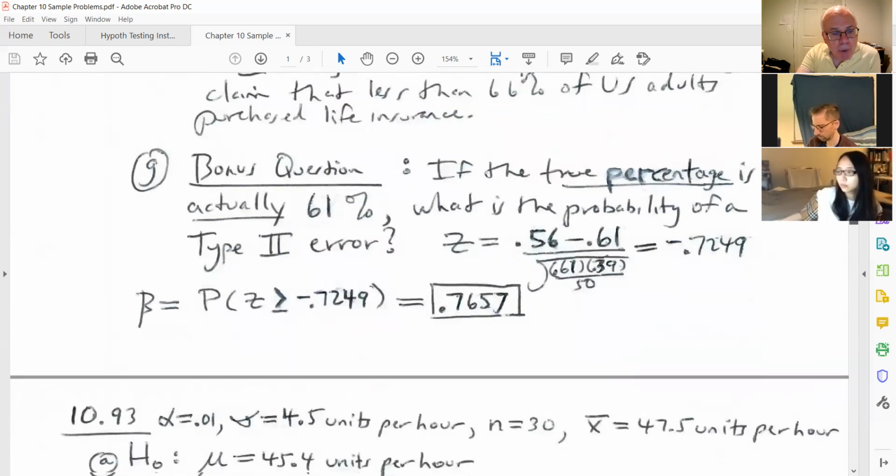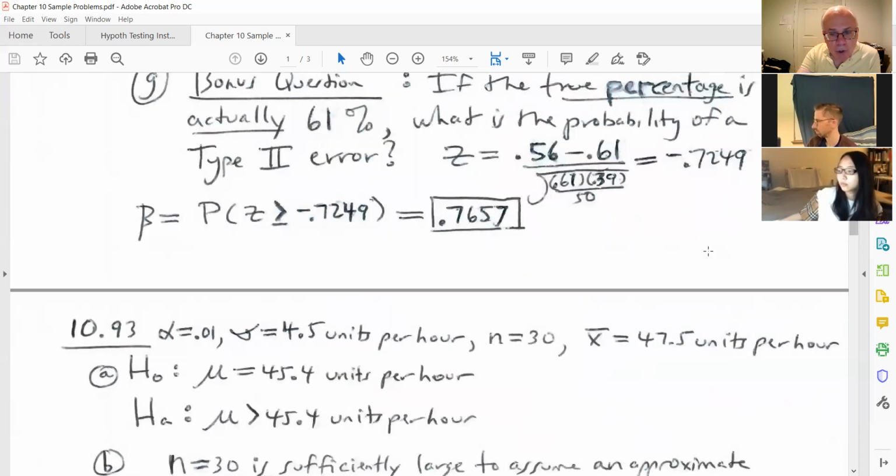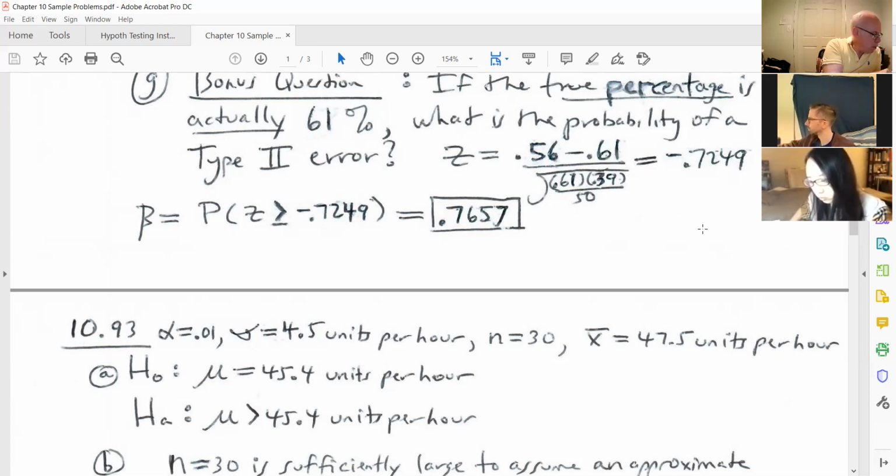All right, let's look at problem 93. I'll give you 10 minutes. Let's make it less than 10 minutes, 10 minutes is too long. Let's make it 7 minutes this time. This is on page 357. This has to do with a sample mean question.